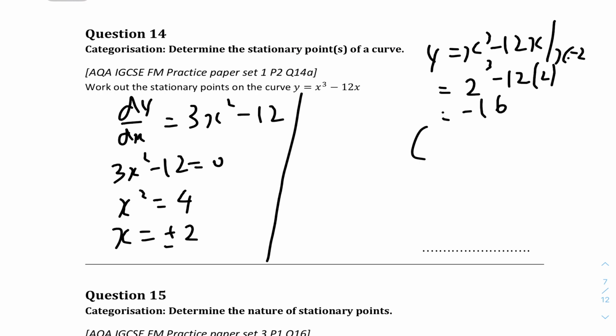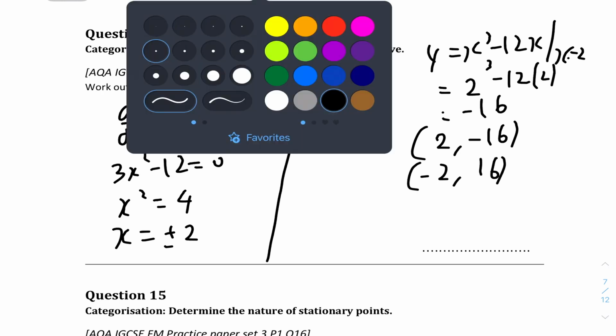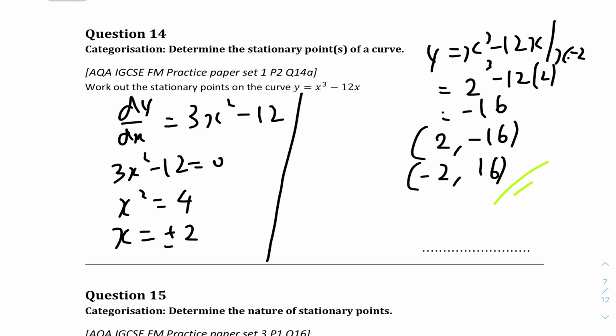So when x is 2, y is minus 16. And when x equals minus 2, it will obviously have the opposite sign, which is 16. So these two are the stationary points: (2, minus 16) and (minus 2, 16). And these are the answers.